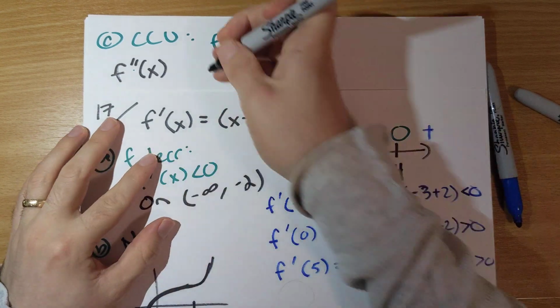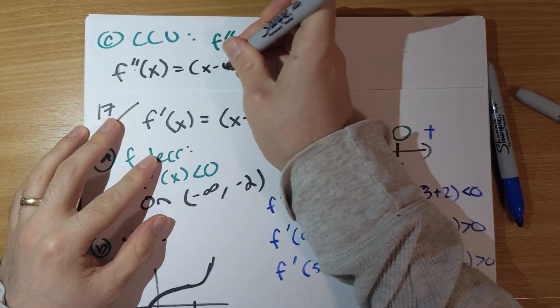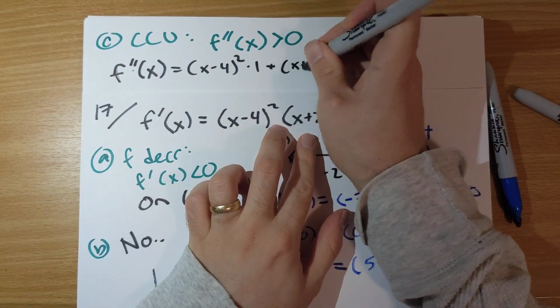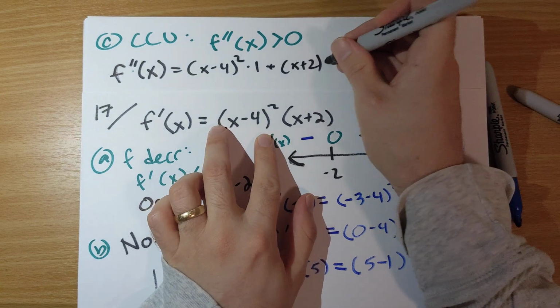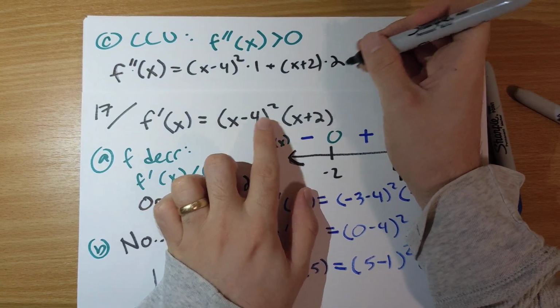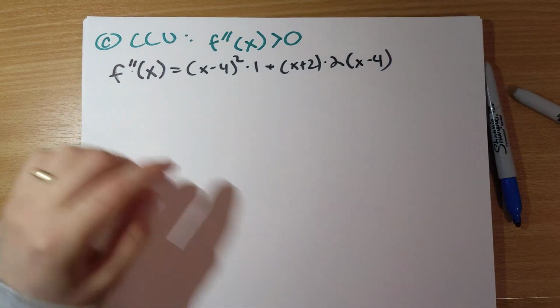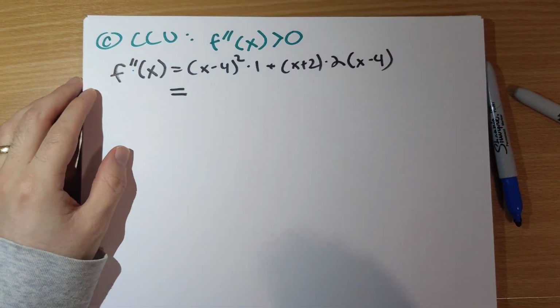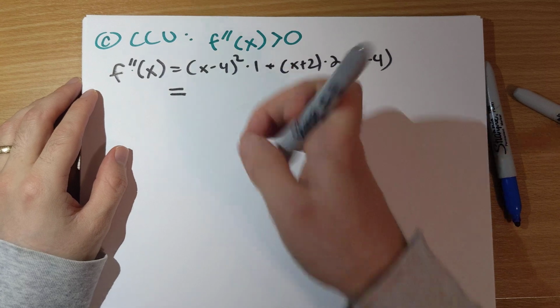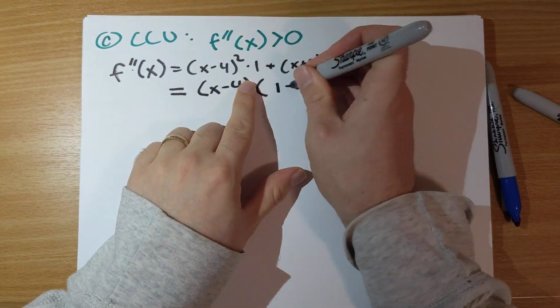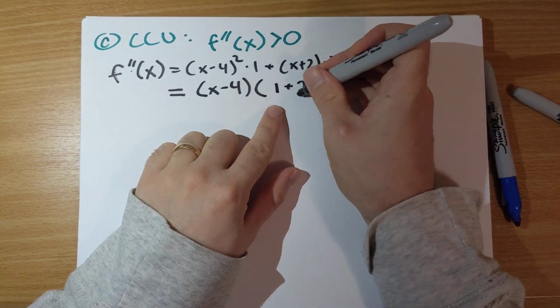This times the derivative of this: (x minus 4) squared times 1, plus (x plus 2) times the derivative of (x minus 4) squared, which is 2 times (x minus 4). Okay, let's analyze this. We can factor out x minus 4 times [1 plus 2 times (x plus 2)].